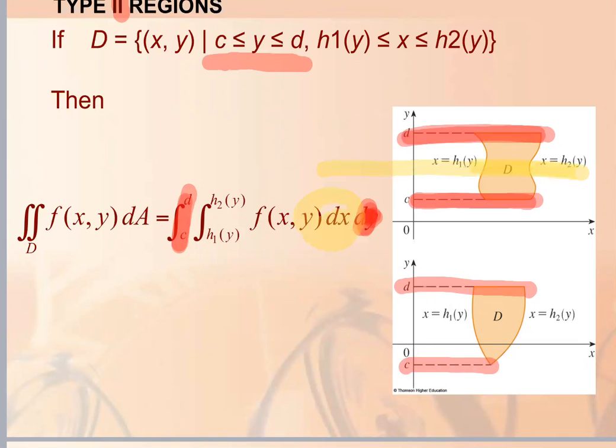So the first thing that you hit is here, the last thing that you hit is here. So left is your lower limit, right is your upper limit, okay? So then you can set the limits of integration.